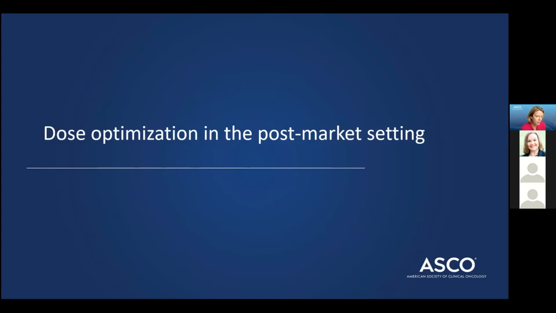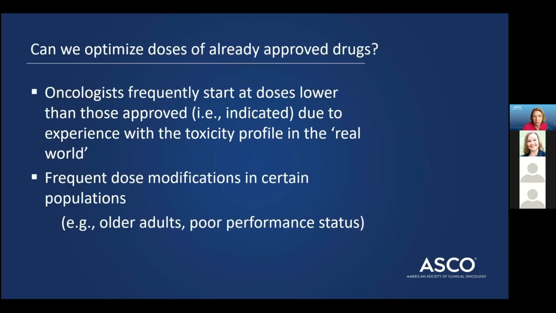What this means is essentially, after drugs are approved, they are then given, and it is much better understood what their properties are and their toxicities and their effects in, quote, real world patients, and whether the approved doses are really the best doses for patients. There are different ways to investigate that, and I'll talk about a couple of initiatives that are looking to think about this and implement this more.